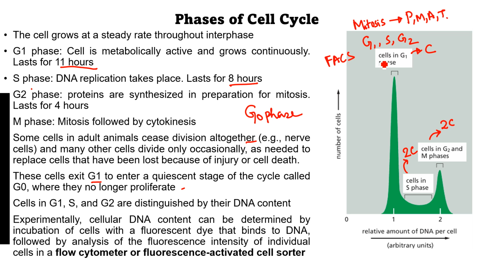I think there was a demo which was given to you in the lectures. Since most of the duration of the cell cycle is taken by the G1 phase, which lasts for 11 hours, that is the maximum time a cell spends, the number of cells in G1 phase is maximum, so you get a high peak over here.